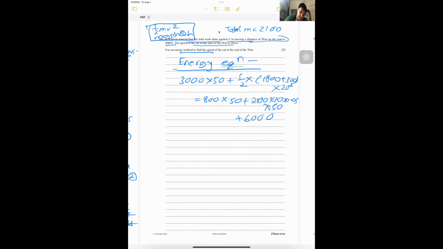So we need to find v, which is the final speed. Plus half into total mass. I'm not showing the division of the separate masses again, just showing them together: half mv squared, or 1050 v squared. Just take all of these things to the left hand side and subtract from these parts: 3000 into 50 plus 0.5 into 2100 into 20 squared, minus 6000 minus 800 into 50 minus 2100 into 10 into 0.05 into 50, which is 71500.